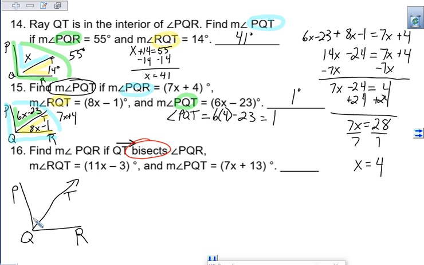It means that these two smaller angles are congruent. And we know angle RQT, bottom angle, is 11x minus 3, and angle PQT, top angle, is 7x plus 13. And what can we do because they are congruent? Set them equal.